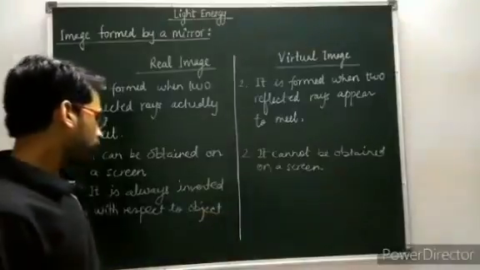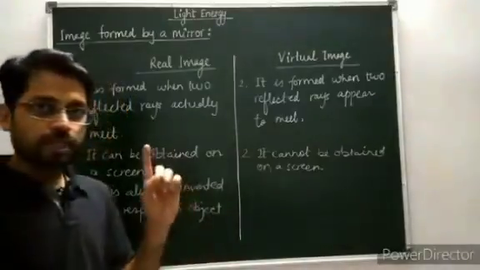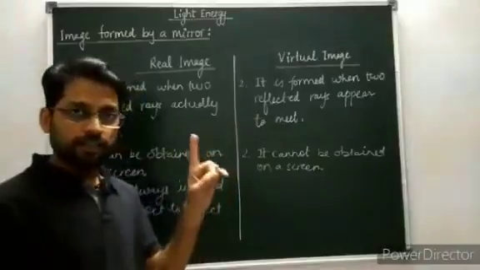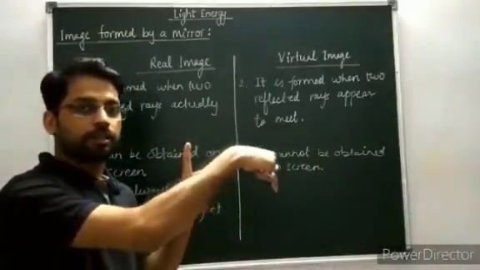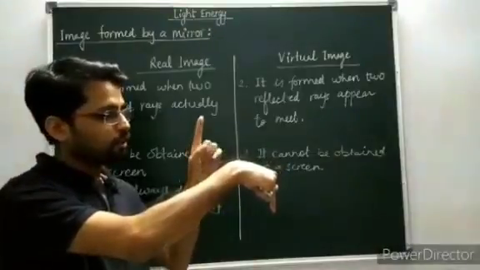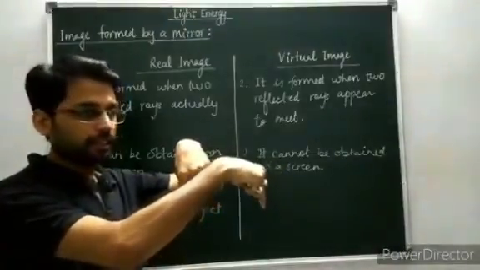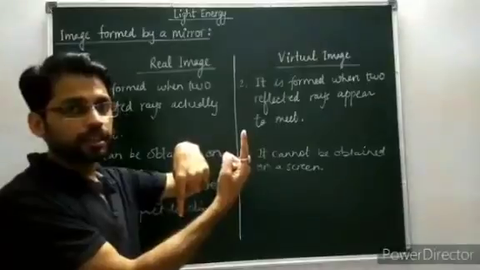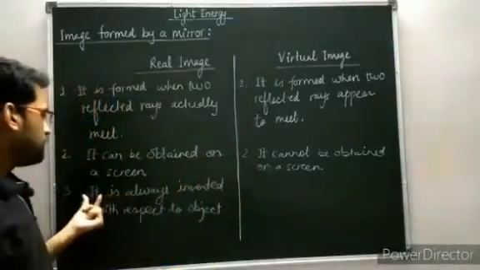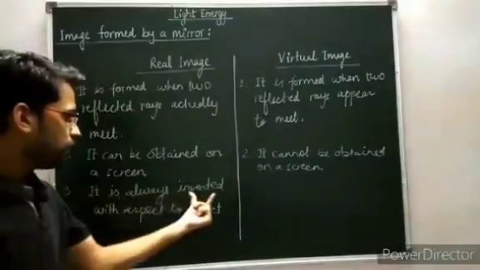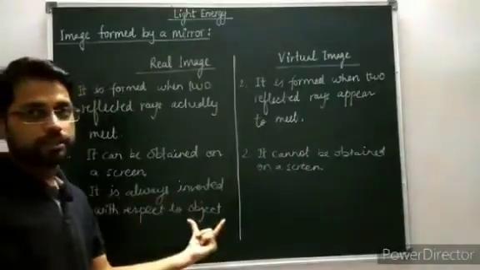Okay, it means when the object is erect, the real image of it will be inverted. When the object is inverted, its real image will be erect. Okay, so the real image is always inverted with respect to object.